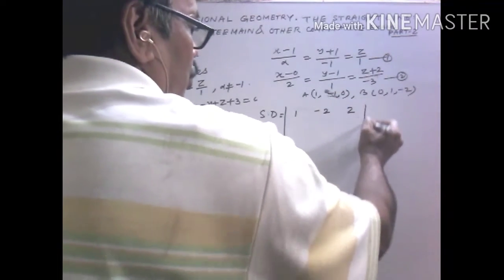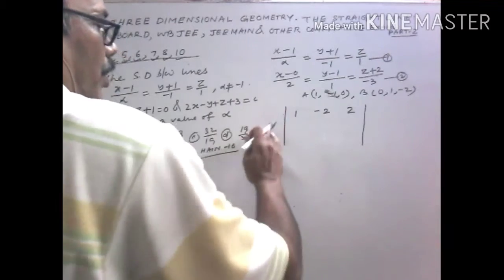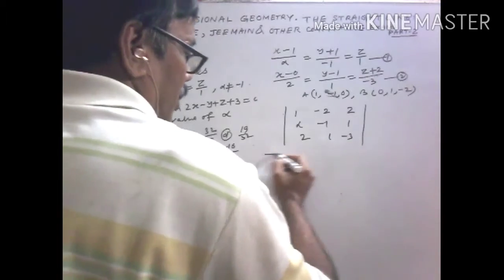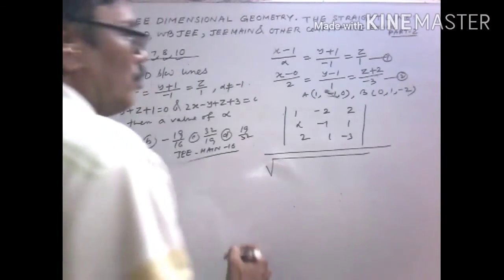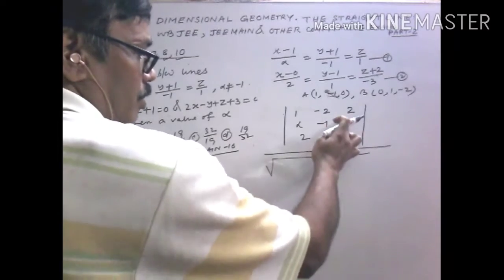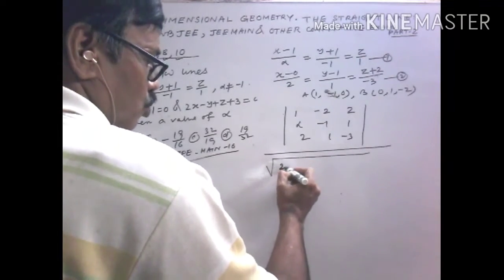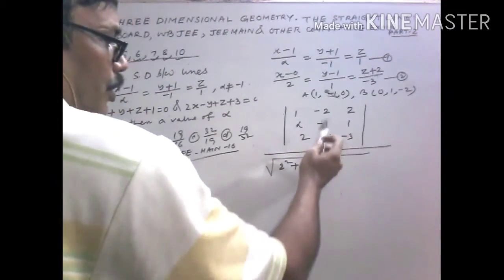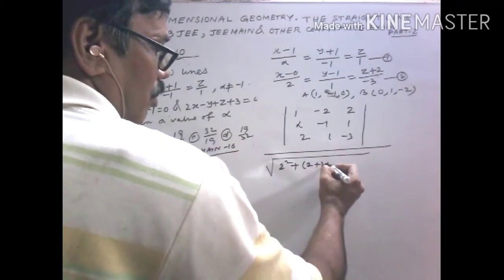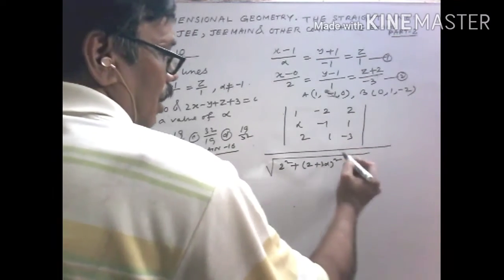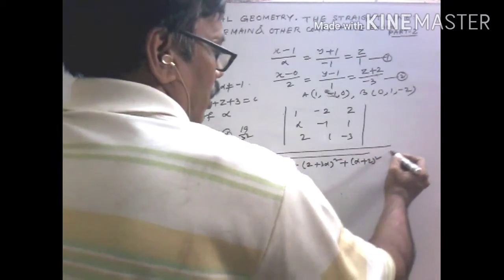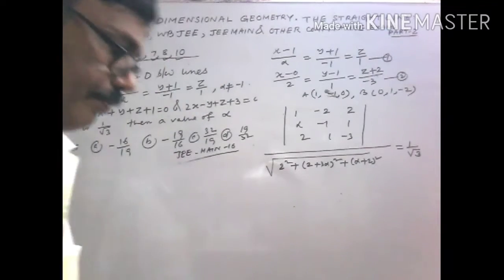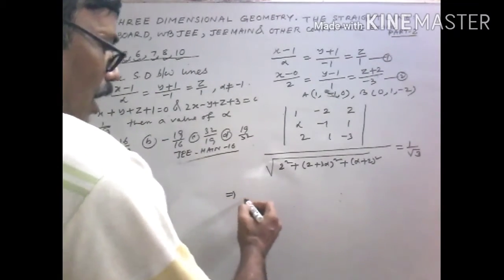Then the rows alpha, minus 1, 1 and 2, 1, minus 3, divided by the root of the sum of squares of the cross product components, which is (2 plus 3 alpha) square plus (alpha plus 2) square, and so on, equals 1 by root 3. So from this equation we have to find alpha.